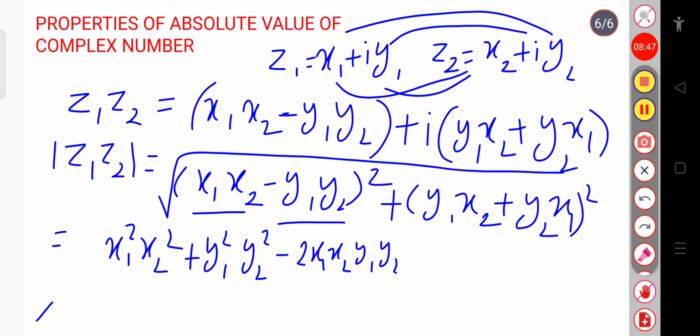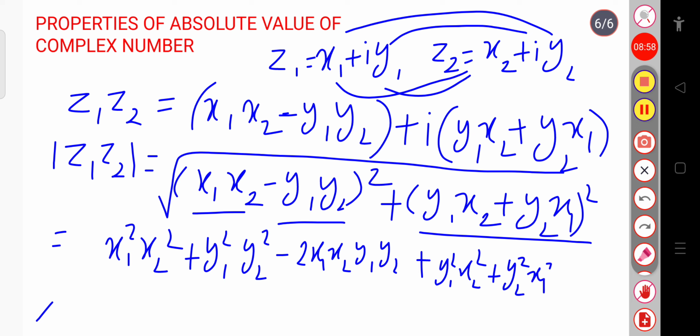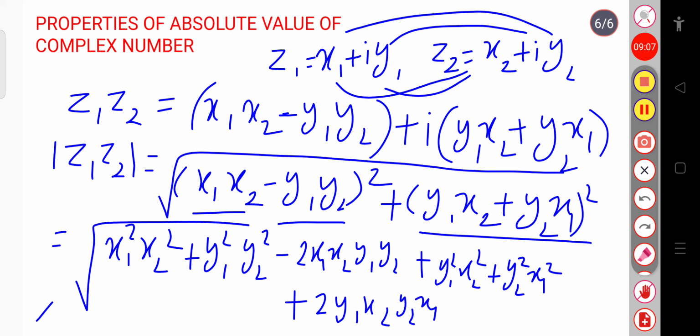Similarly for a plus b whole square, this becomes y1 square x2 square plus y2 square x1 square, plus 2 y1 x2 y2 x1, and this whole root over. You can see that here is 2 x1 x2 y1 y2, and this is also 2 x1 x2 y1 y2. So this negative and positive term will cancel.